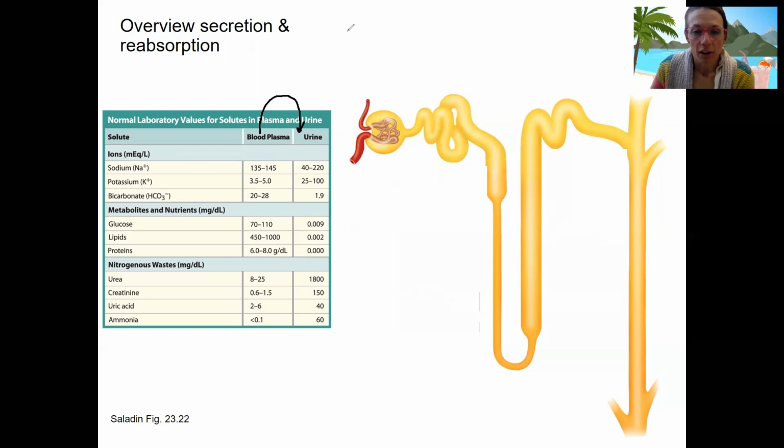So you remember, we've got filtration occurring here. And so this is going to make our filtrate. What osmolarity do you think our filtrate is? Well, it's 300 milliosmoles, just like our blood. So our blood is 300 milliosmoles, so is our filtrate at the proximal convoluted tubule.